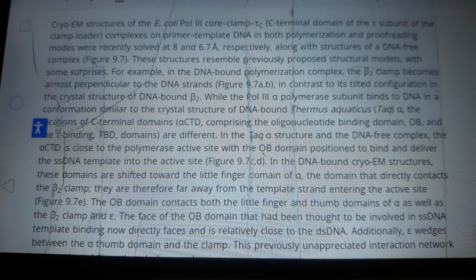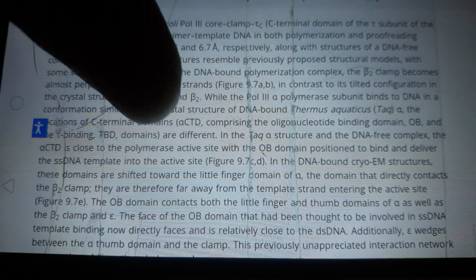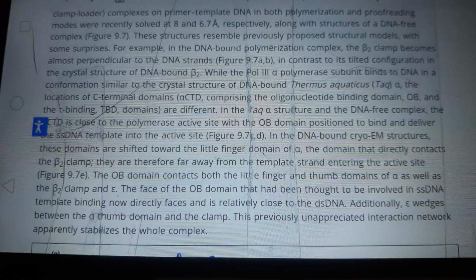For example, in the DNA-bound polymerization complex, the beta-2 clamp becomes almost perpendicular to the DNA strands, as in 9.7 A and B, in contrast to its tilted configuration in the crystal structure of DNA-bound beta-2, while the Pol 3 alpha polymerase subunit binds to DNA in a conformation similar to the crystal structure of DNA-bound Thermus aquaticus alpha. The locations of C-terminal domains, alpha CTD, comprising the oligonucleotide binding domain OB and the tau-binding TBD domains, are different.